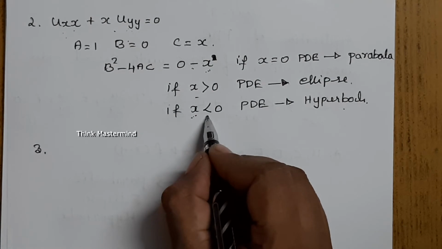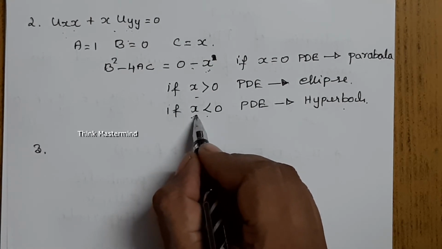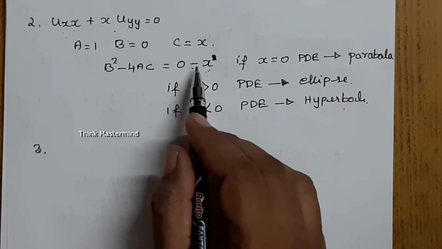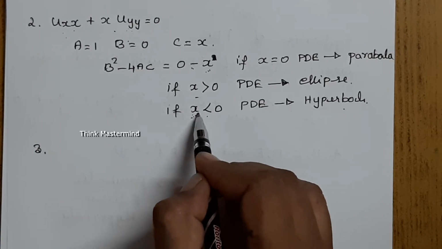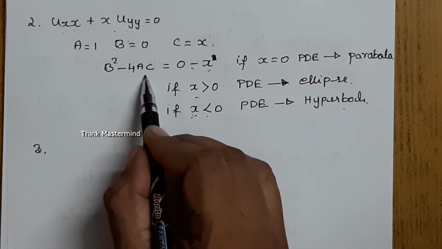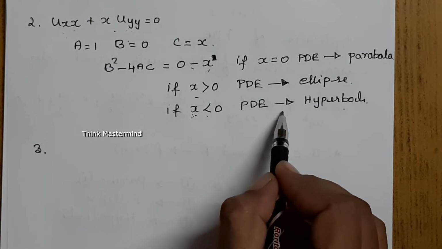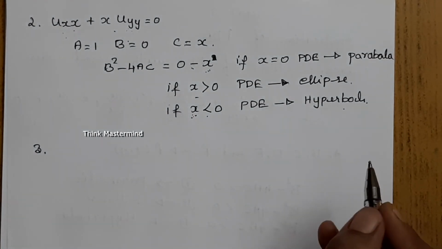If x is less than 0, that is x takes a negative value, already a negative sign is there, negative into negative is positive, that is b² − 4ac is greater than 0, therefore the partial differential equation represents a hyperbola.